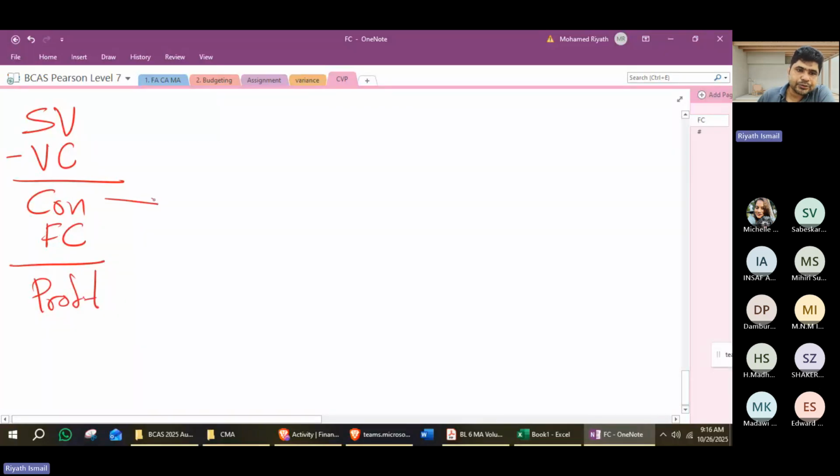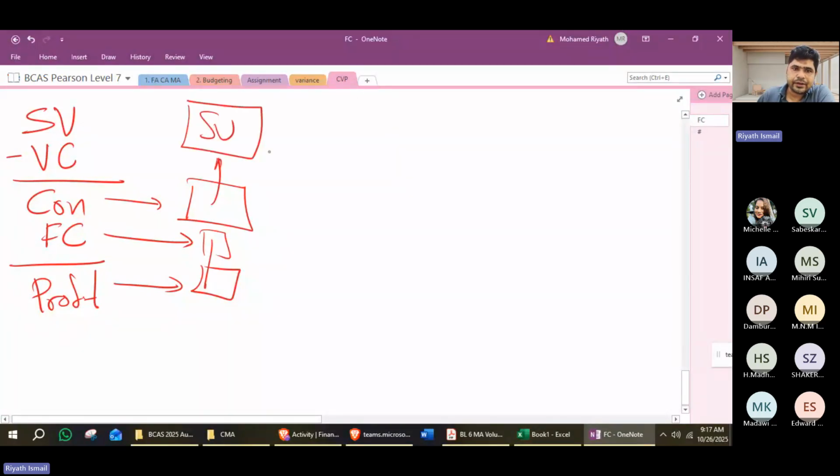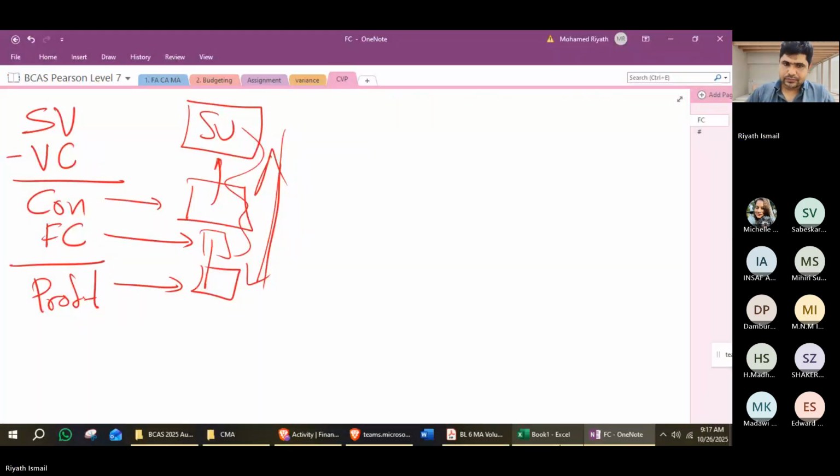To find the contribution, we can add fixed cost plus profit. If we compare these two, we can get the contribution. When we add the variable cost to the contribution, we arrive at sales value. So we can go downwards and upwards. Whenever we need, we have to decide here.